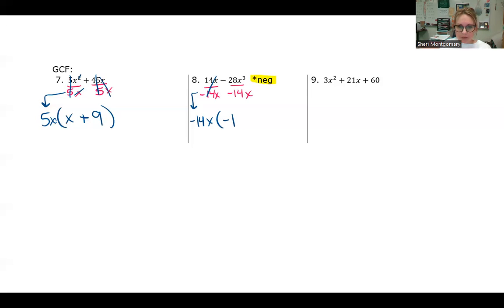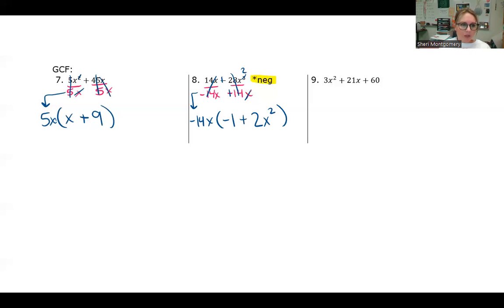For my second term, it looks like I'm dividing by a negative, so it will become a positive. 14 goes into 28 2 times. And for the x's, it looks like that'll change to a square. I'm taking off only 1. It'd just be like you're subtracting 3 from 1.